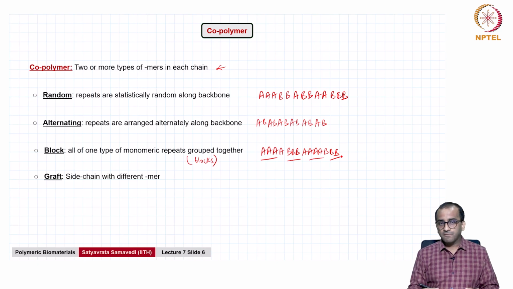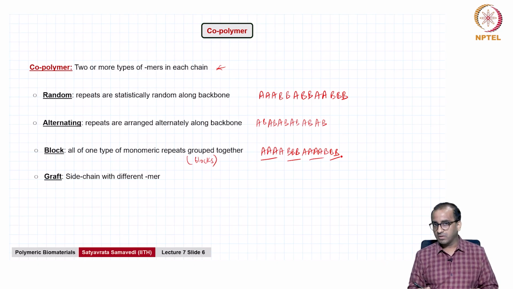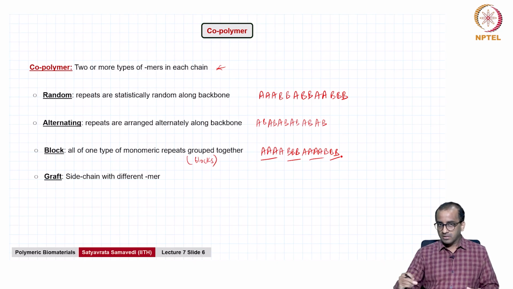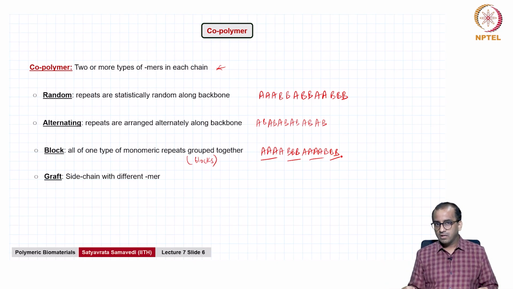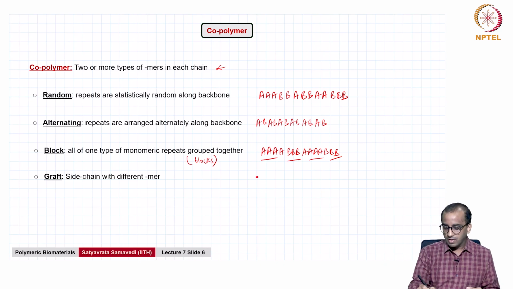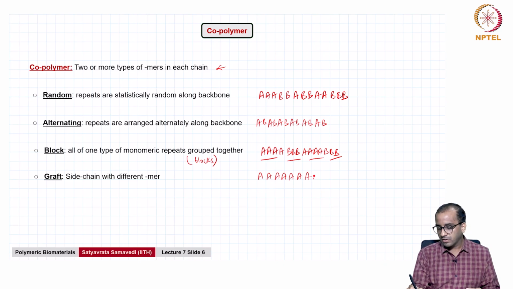You can also have, along the same lines, something called a graft copolymer, where you can have a polymer that is a linear chain as we have seen, but you can also have along the backbone in some parts a branch that comes out. For example, this is the linear chain or the backbone.